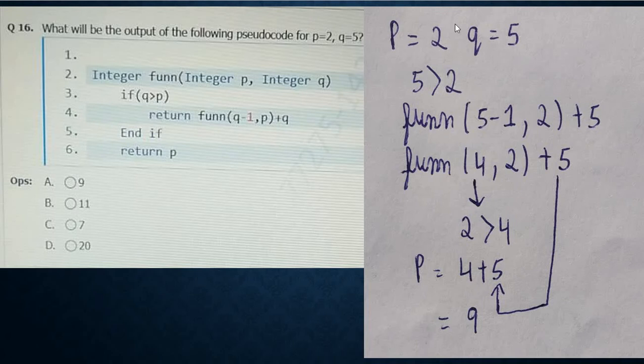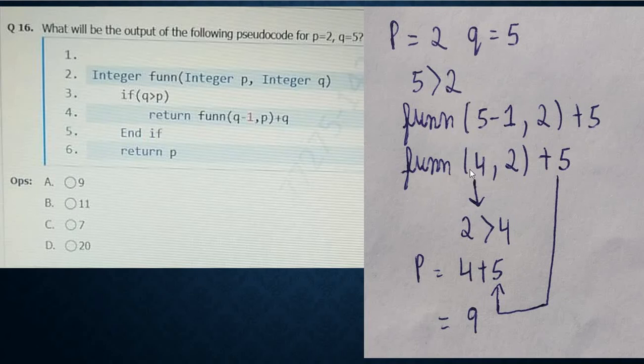In this question, P is 2 and Q is 5, and the fun function is given, which is taking P and Q as the first and second parameter. So first it will check if Q is greater than P, that is 5 is greater than 2, which is true, so it will return fun of Q minus 1 comma P plus Q, which is fun of 4 comma 2 plus 5.